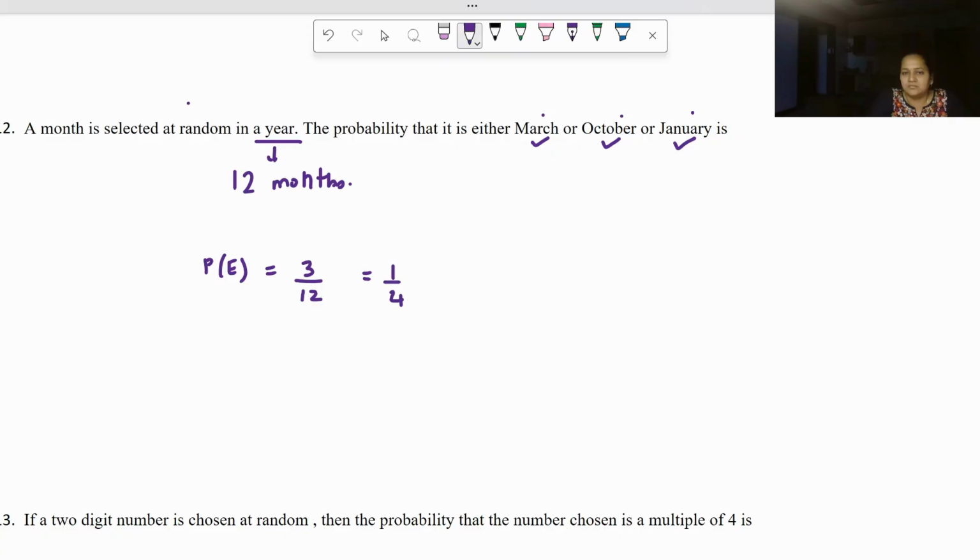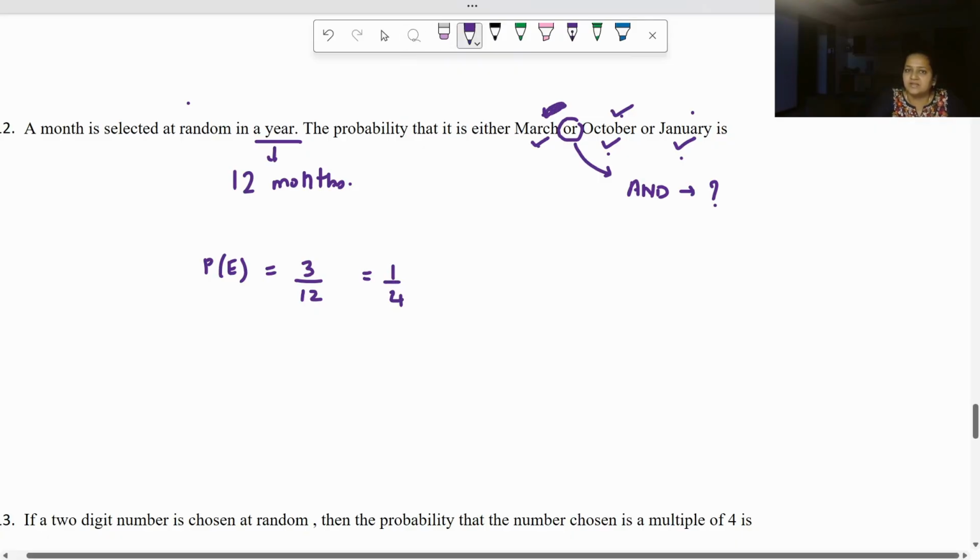Now, the word over here is or. Or means this will also do, this will also do, this will also do. But instead of or, if we had an and, then this also has to be satisfied and this has to be satisfied. The two conditions have to be satisfied, only then we can consider.